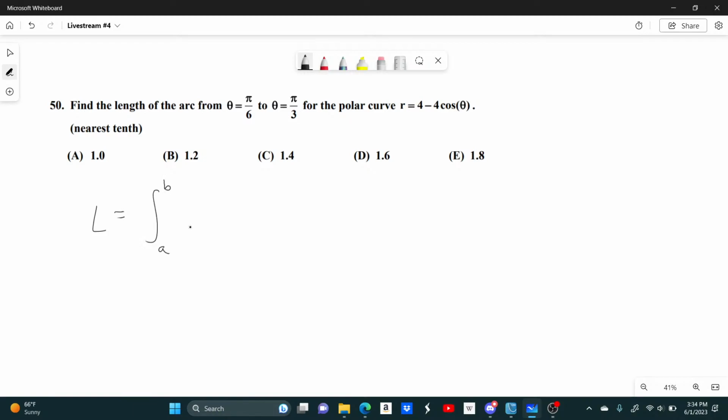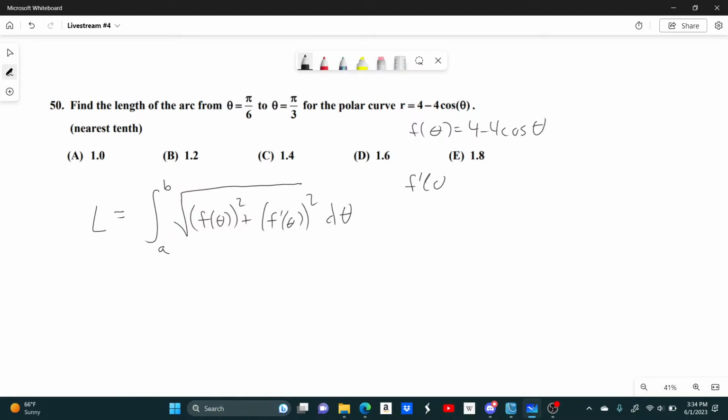It's the integral from alpha to beta, however you want to denote your angles, of the square root of f of theta squared plus f prime of theta squared d theta. So f of theta is 4 minus 4 cosine theta, and the derivative of that is 4 sine of theta.